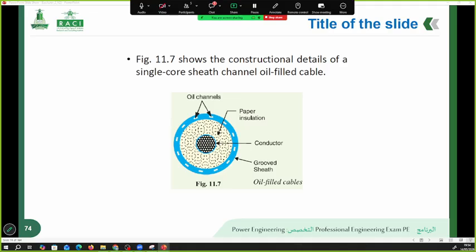The paper insulation is in turn covered by grooved shields. The grooves in the shields form the oil channels, which are kept filled with pressurized oil. This pressurized oil compresses the insulation and fills any voids that may form, thereby preventing insulation breakdown at high voltage.